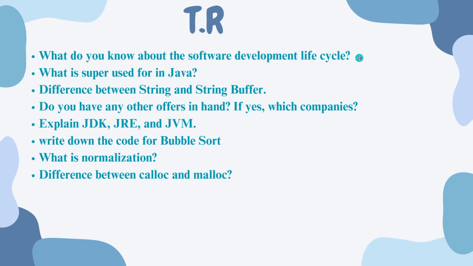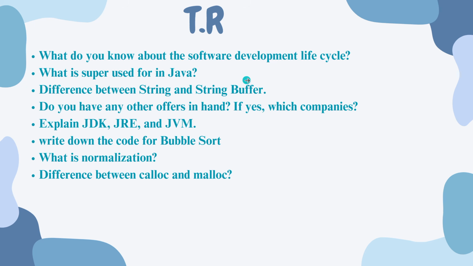It is all there in the software development life cycle, SDLC. This SDLC will tell you how to make a plan, how to make it work, and how to interact with the customers. What are the things to be gathered in order to work on a project? Everything is in the software development life cycle, so you should have a good idea on SDLC also.